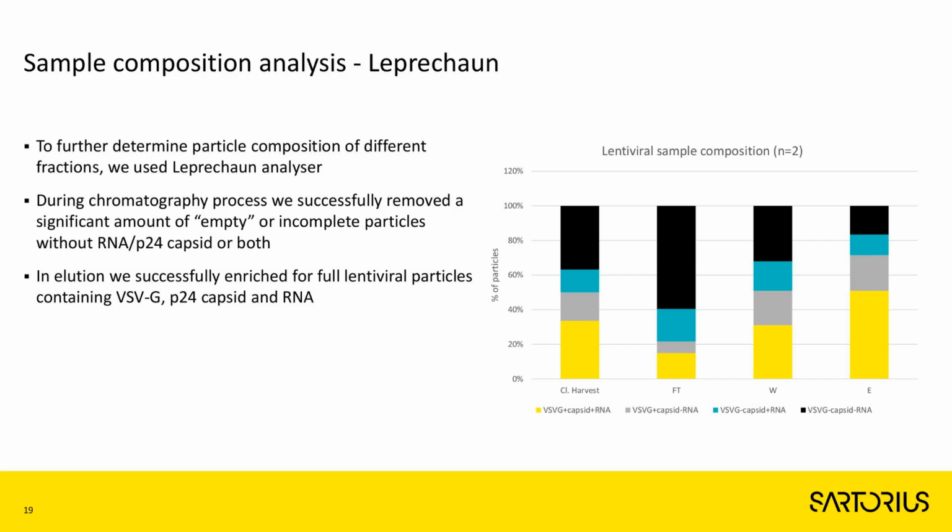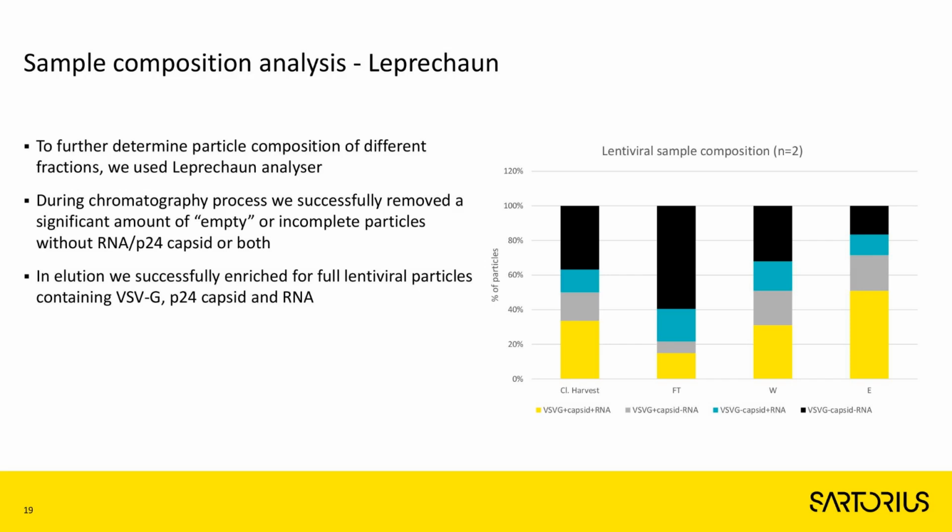How it works is kind of like an ELISA, where you bind the particles to a wafer, a chip, and you stain them for different antigens. So in our case, we were interested in the presence of VSVG, the P24 capsids, and RNA.